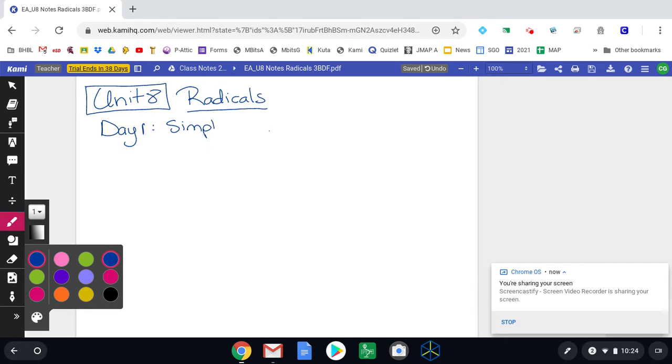simplifying radical expressions. Now, for this course, we are only really going to talk about simplifying square roots. Okay, so we're going to start with a square root.